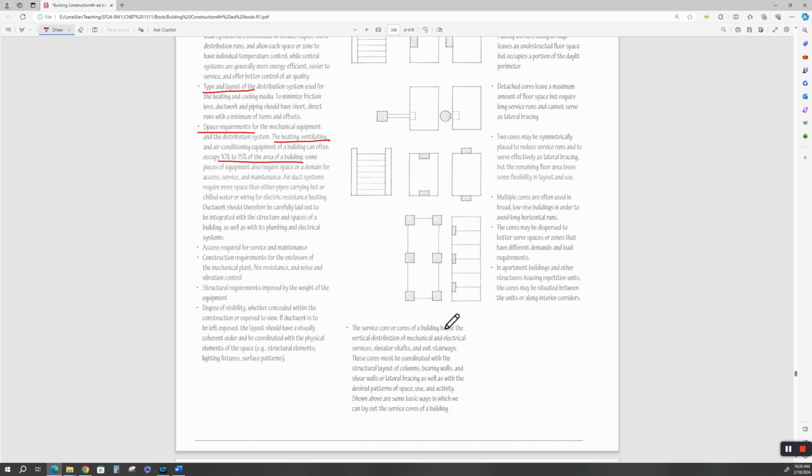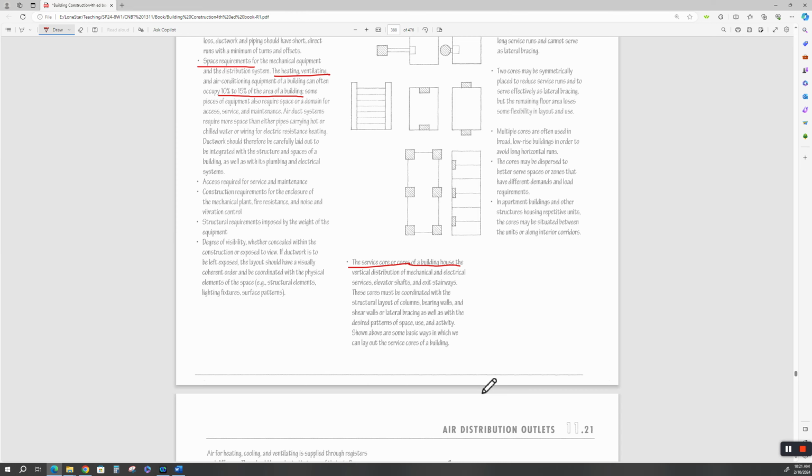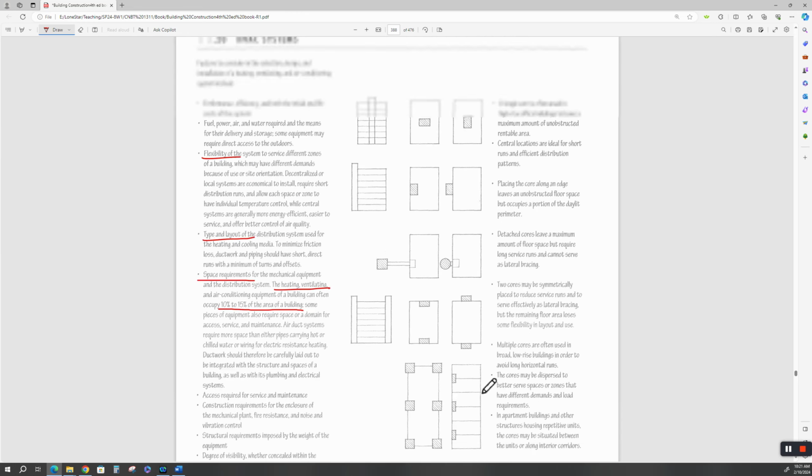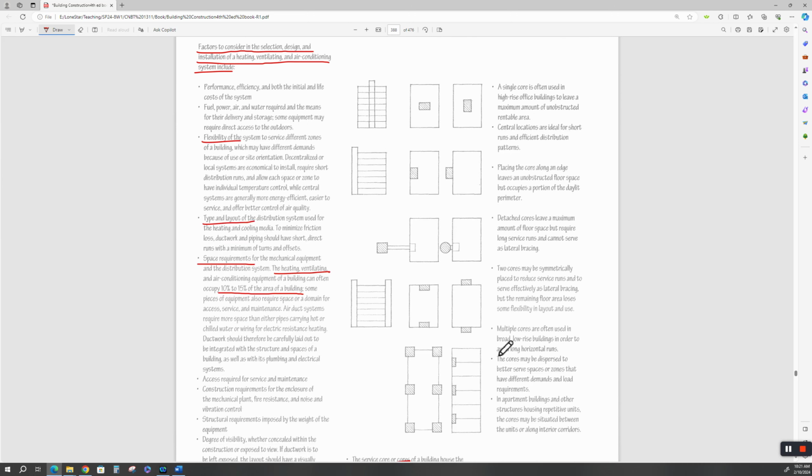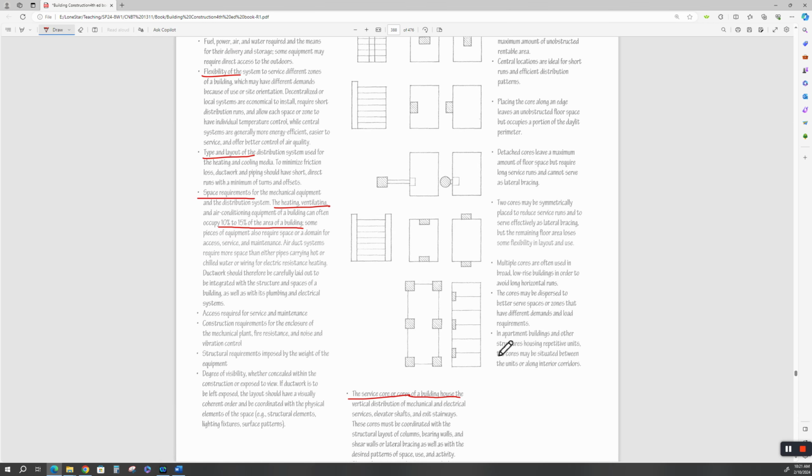If you've got internal ducting going up through a high-rise, what about your service cores? Can you get your service people in there? All right. You may have to have a special elevator just for servicing. And it talks about the different cores. Here's a single core, central locations, detached cores, two cores, multiple cores.